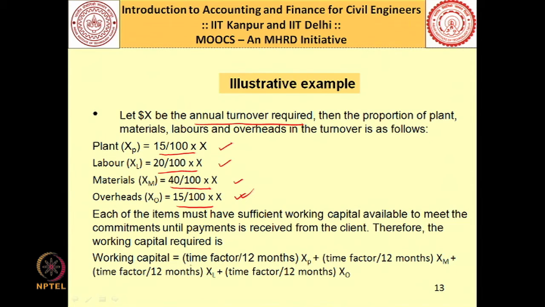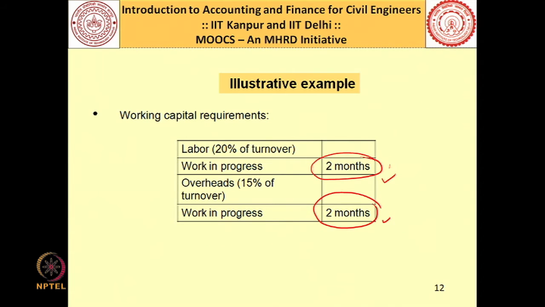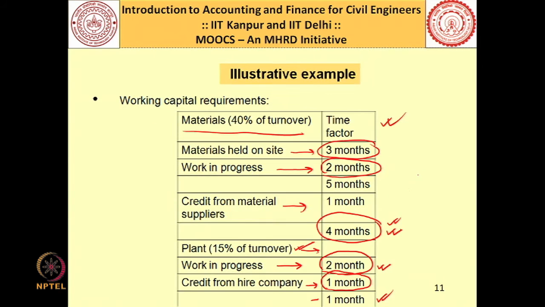So, from there working capital you can write it as time factor divided by 12 months. Now, if you remember, for plant it was 2 months, for material it was 4 months. So, time factor here it will be for plant 2 months, for material it is 4 months, for labor it is 2 months, and for overheads it is 2 months. So, if you go back to previous slide, labor 2 months, overheads 2 months, and plant it is 1 month.